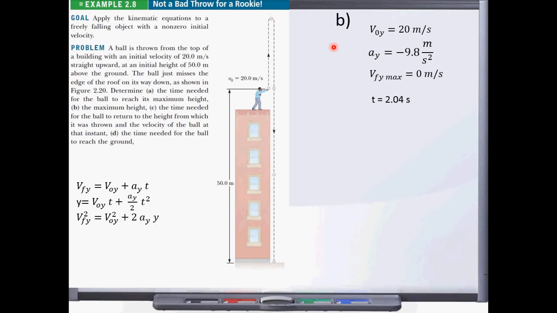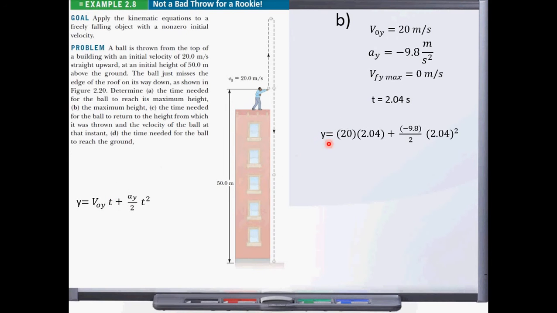So you have these four values right now. Now let's take the second equation. Why the second equation? Because you have time, you have acceleration, you have initial velocity, and you want the y, you want the height, the maximum height, right?